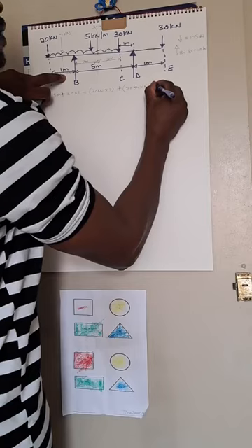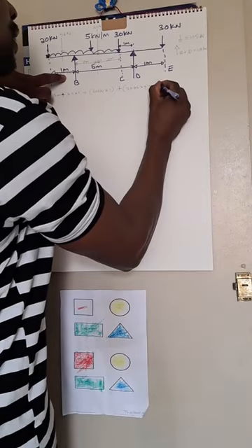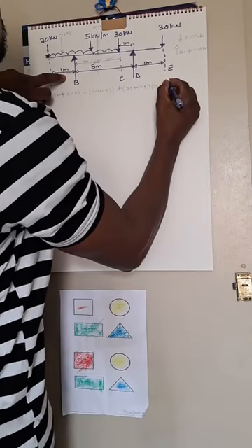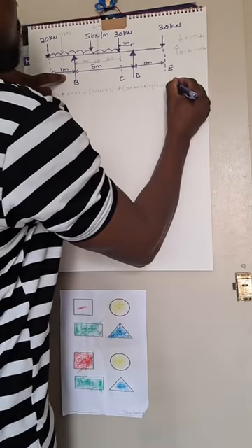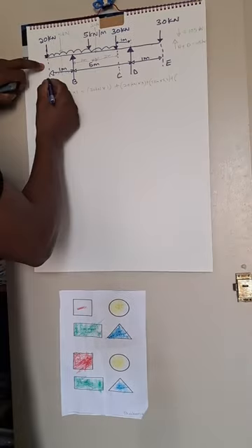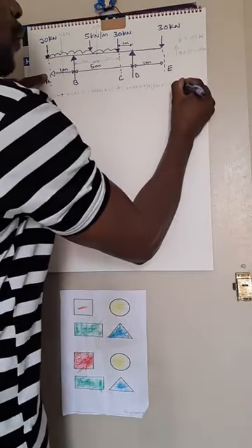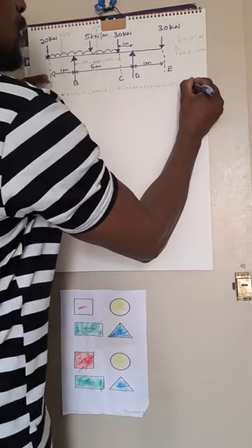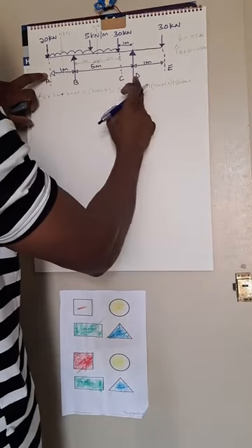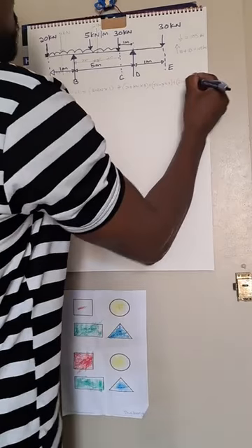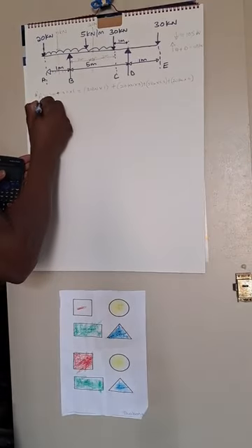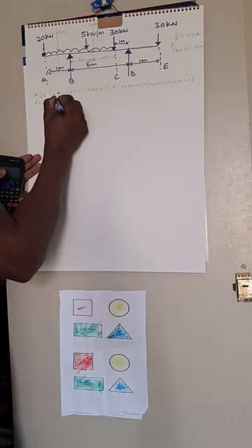So we have 5 kilonewtons times 5.5, plus the 20 kilonewtons, which is the last force, 20 kilonewtons times the distance to D, which becomes now 6 meters.